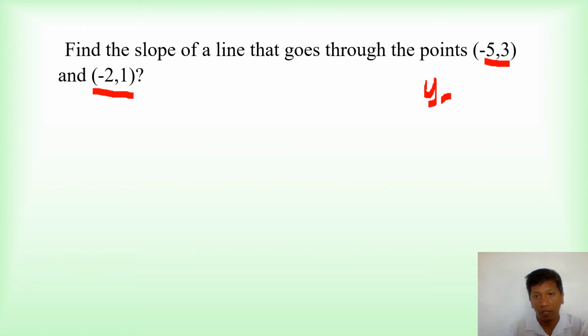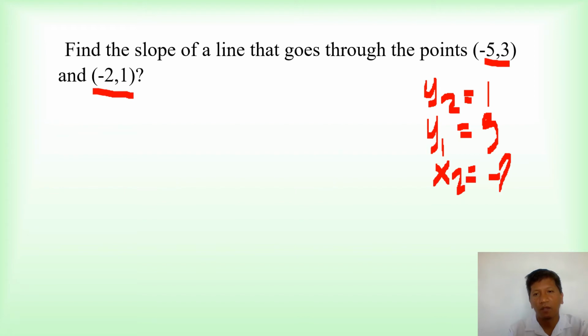Anyone? I'll give you 5 seconds. What is the value of y sub 2? Correct, 1. How about our y sub 1? Correct, 3. Yan. How about our x sub 2?